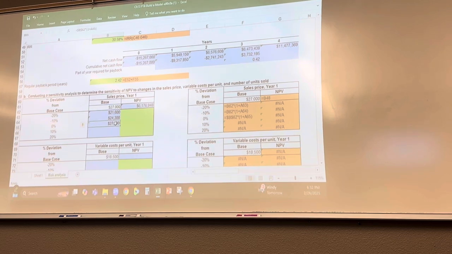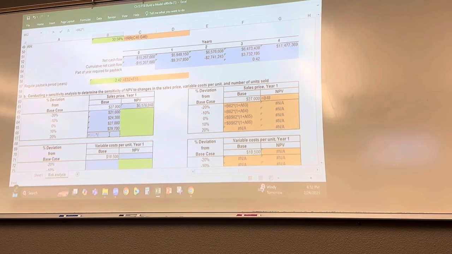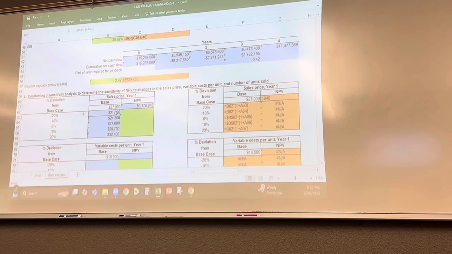That's my base case value, right? Paste this again. If it's 10% more, that's good, right? I can sell it for more than I thought I could. I can sell it for 29.7. And then finally, what if I can sell it for 20% more? That's going to be 27,000 times 1 plus 20%. Any questions on how I got those numbers?